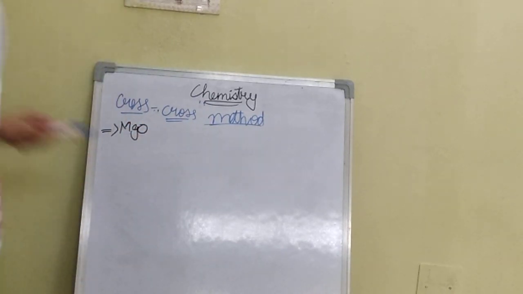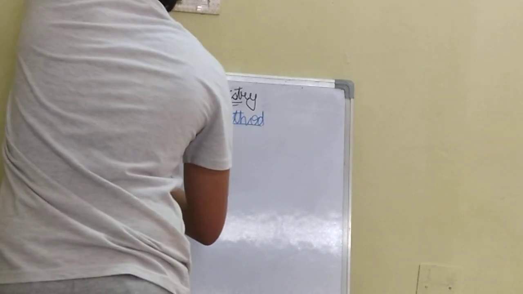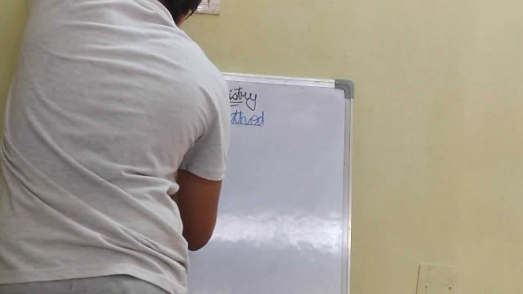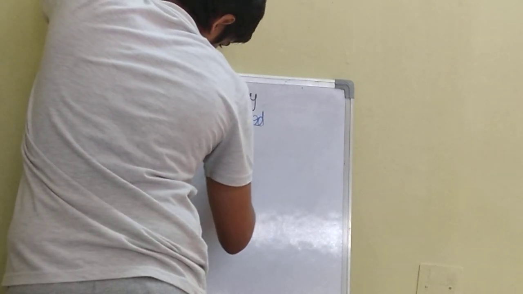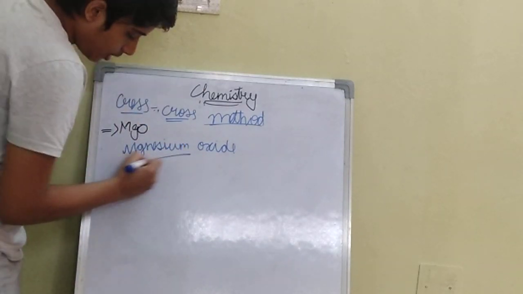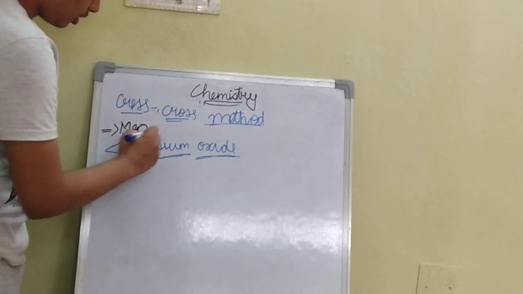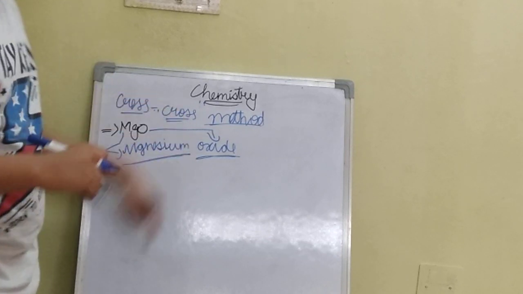MgO. MgO is magnesium oxide. Mg is magnesium. O is oxide.